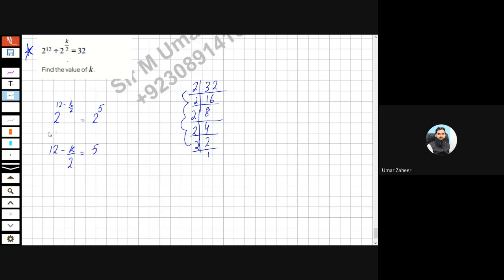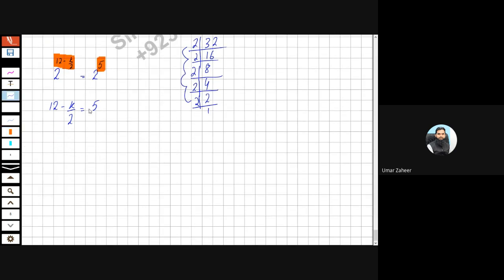I'm just going to compare the powers. This will be equal to this one because the bases are the same. Now from here you have to find the value, and we have to use a small algebra here.